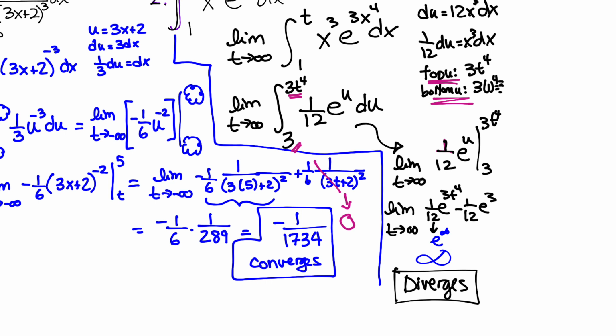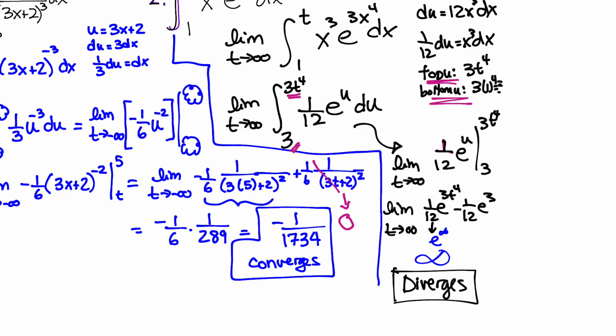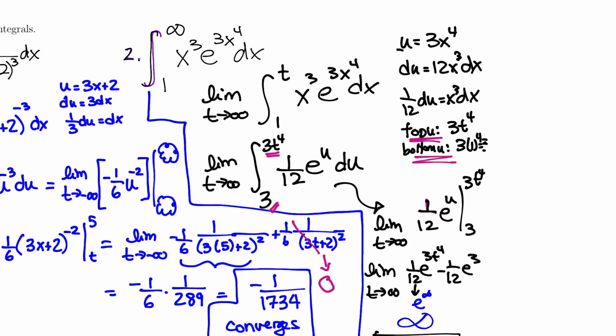And then can you take the limit as t goes to infinity and show me why the piece does what it does? Quinn: Sorry, could you explain one more time why 1 to t becomes 3 to 3t? Absolutely. Are you okay that u has to replace 3x to the 4th? Yes. So u is my definition now. My old variable was an x variable because it paired with dx. To make it become a u variable, I simply have to convert it into u's. So I go here and put it where there was an x.